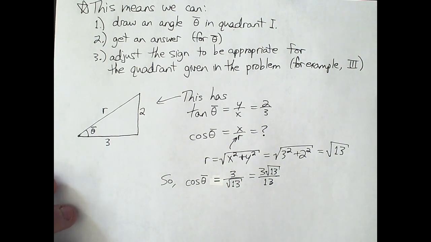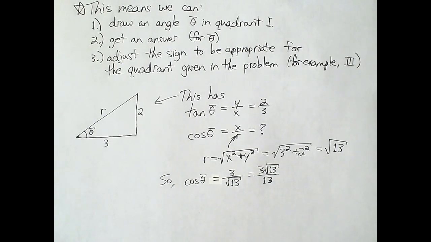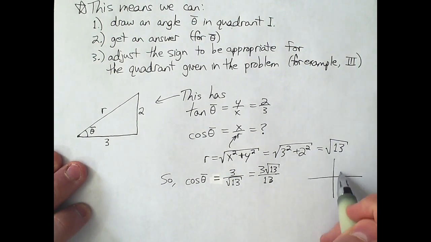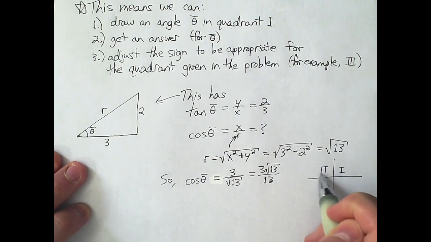Is this the answer to the question? Remember, the original question told us to find cosine of theta. All right, so you saw the problem. If you wrote it down, scroll up in your notes and look at the original problem. Let's think about quadrants, right? Quadrant 1, quadrant 2, quadrant 3, quadrant 4.